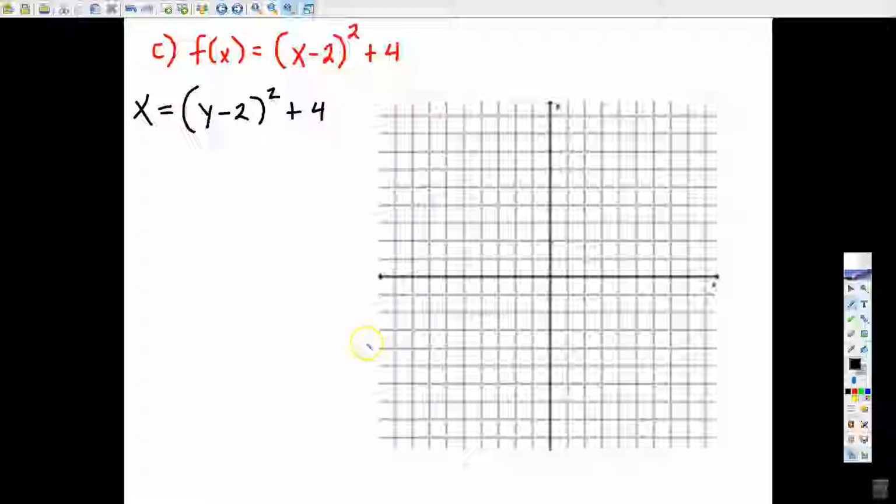And now I'm going to go about the normal routine of solving for y. So my first move would be to subtract 4. Now I need to undo raising this quantity to the second power, and I do that by taking the square root of both sides. And remember, when you take the square root of both sides of an equation, you have to include plus or minus.